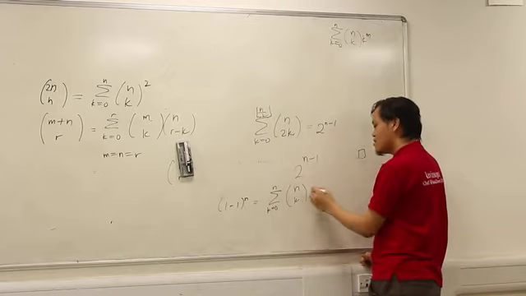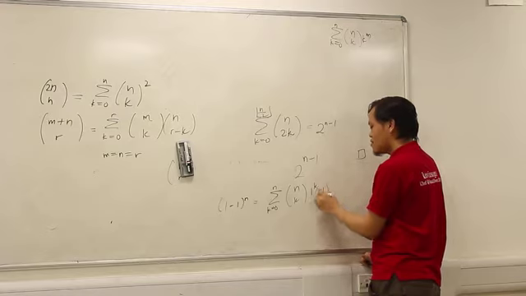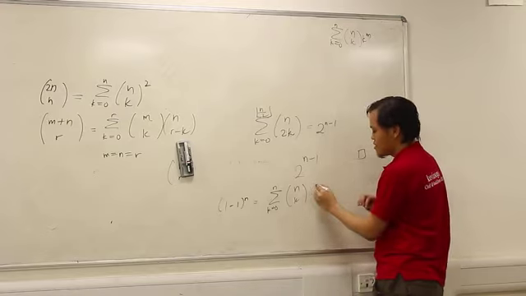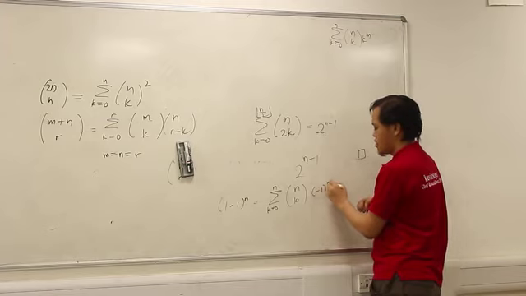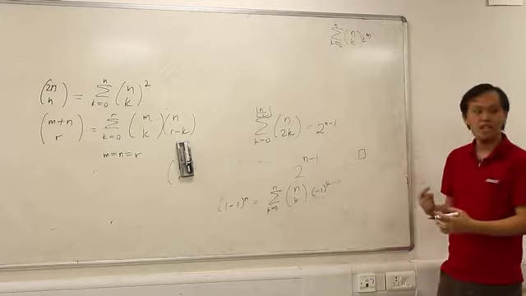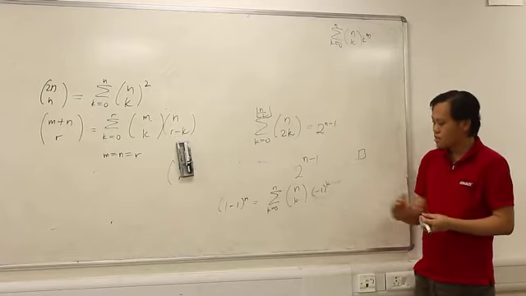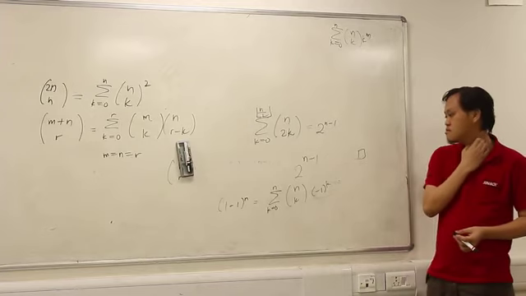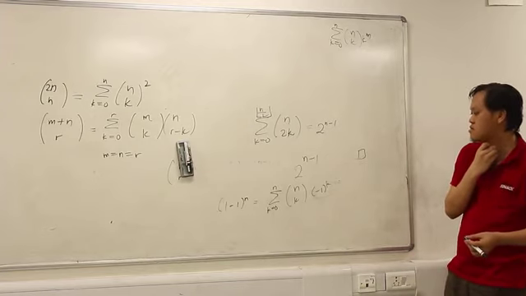1 raised to k, negative 1 raised to n minus k. We can swap it, so it will be better. Something like this, or something like this. We can do that as well. Now, what is this? That would be 1 if k is even and minus 1 if k is odd.